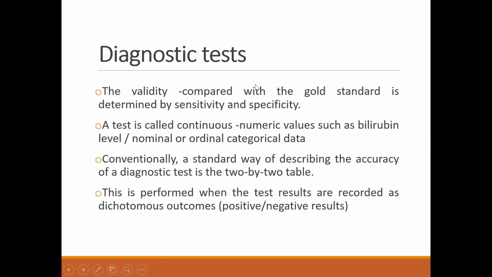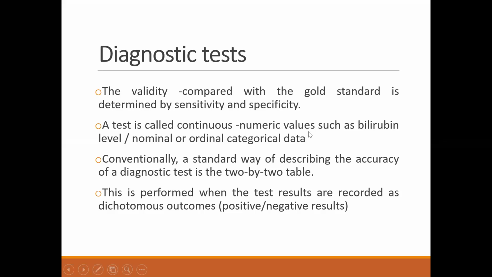For example, for acute pancreatitis, the gold standard that was available before the CT was serum amylase. And then it keeps on changing. The gold standard we use now may not be the gold standard we use in the coming year. So it keeps on changing.